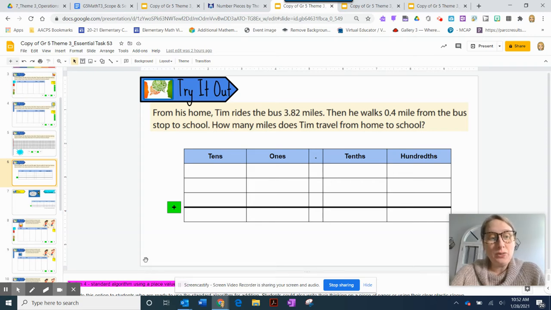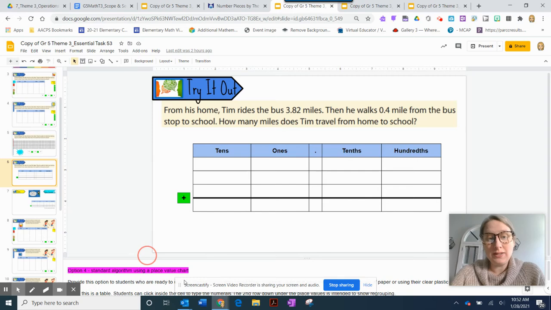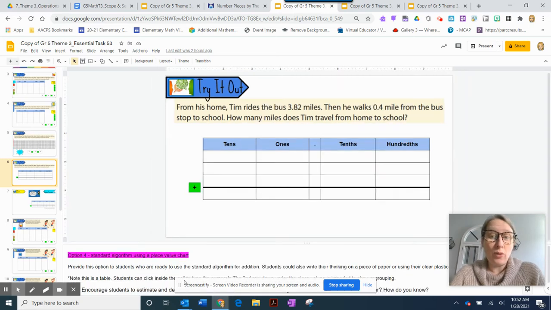It is totally up to you if you want to share this option with your students before making connections to it. I would definitely think that it would depend on how your students did with the standard algorithm of whole numbers, which you probably saw when we were multiplying whole numbers.